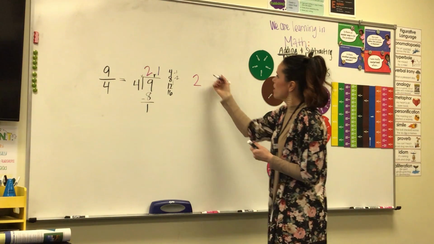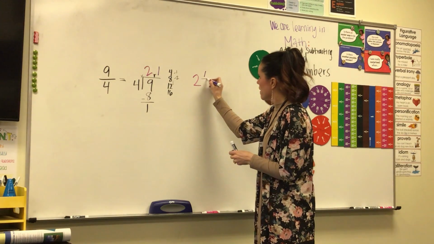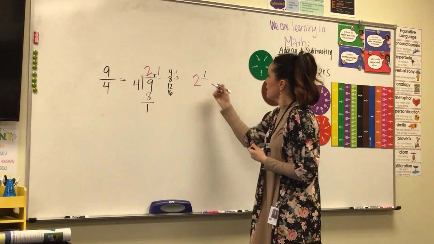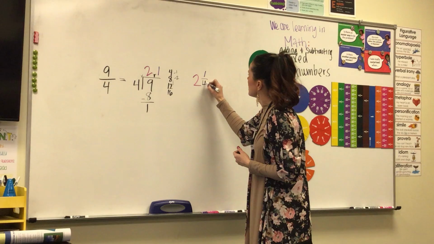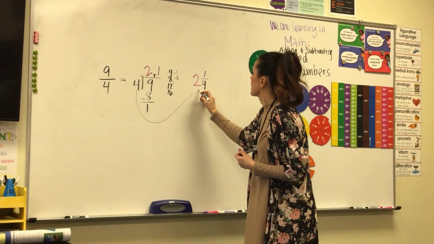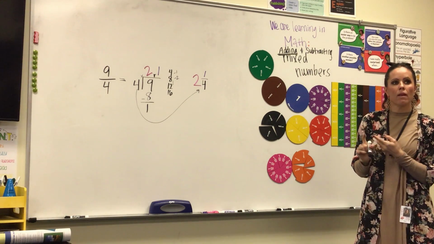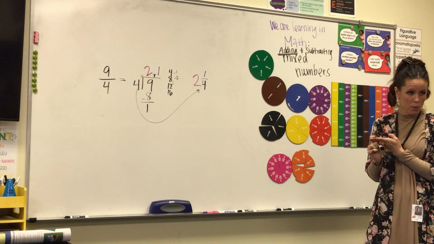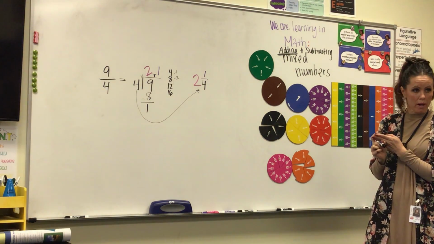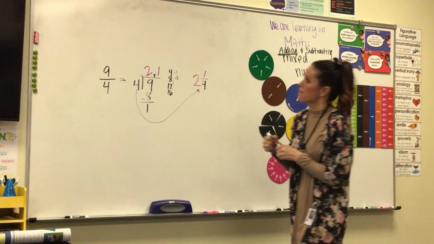My remainder always goes in the numerator column, and the denominator always is this 4. You see that? You see where the 2 came from, the 1 came from, and the 4? 2, 1, and 4. Okay, let's try it again.